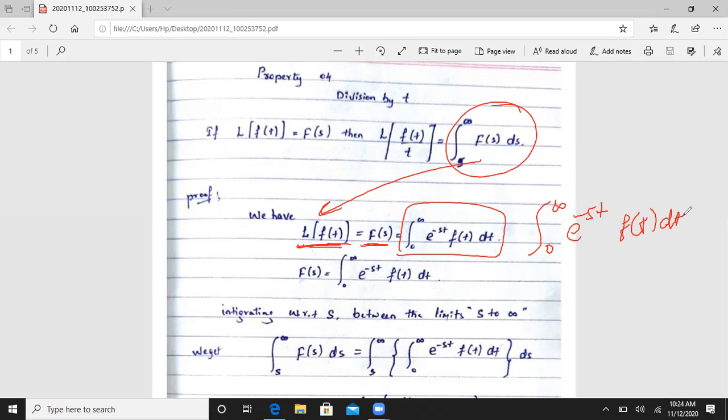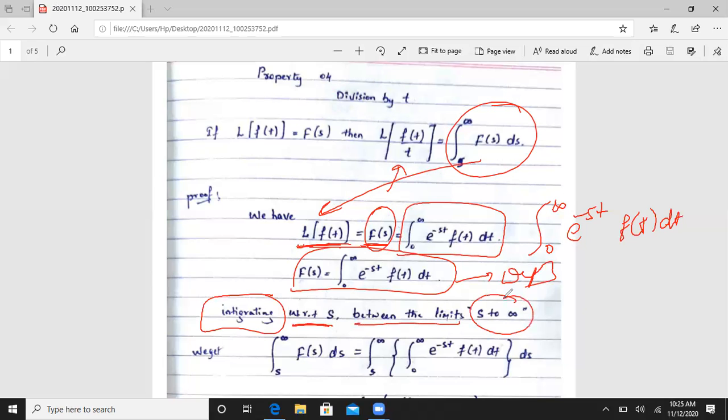Using this we will prove the result. Now we integrate this function with respect to s between the limits s to infinity, because we want the limits s to infinity.